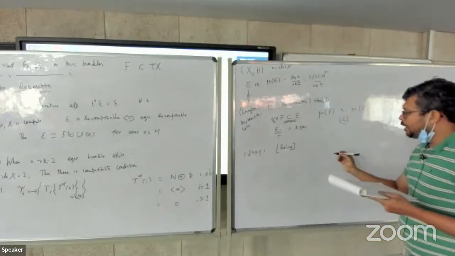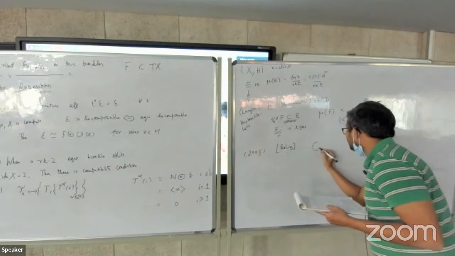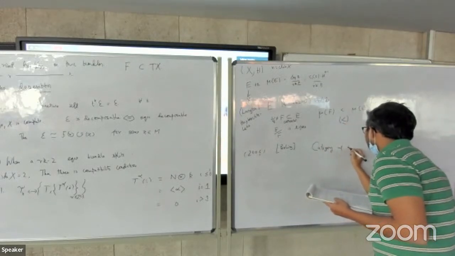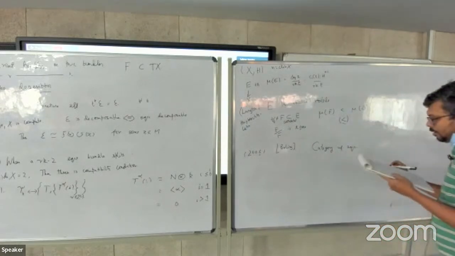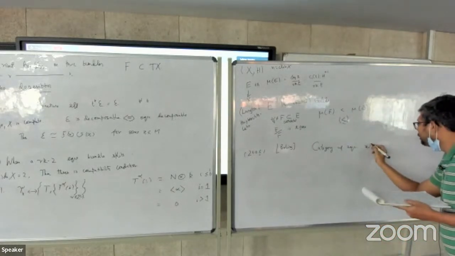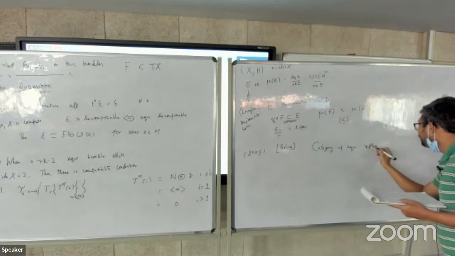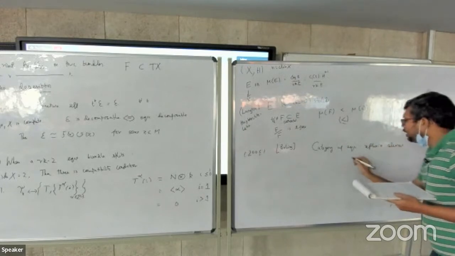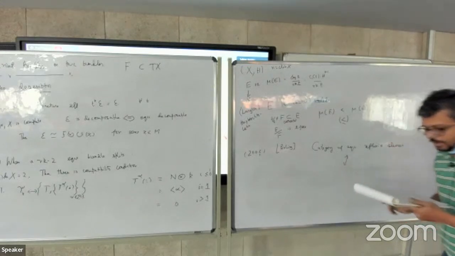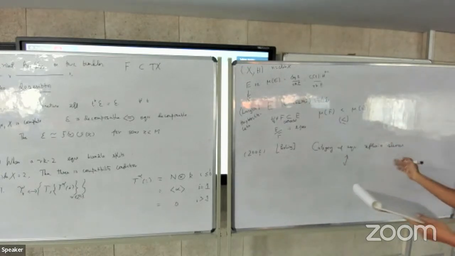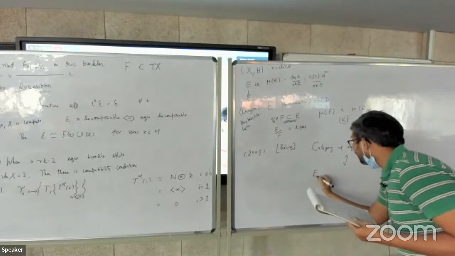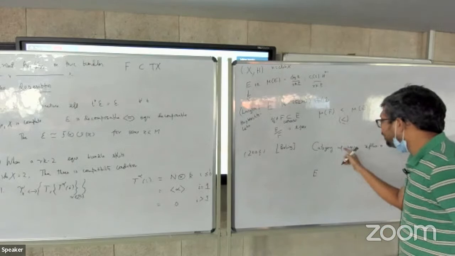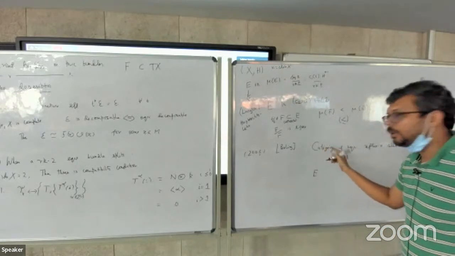So I will just write. It was done by Perling: the category of equivariant reflexive sheaves. Again, this is a categorical equivalence between this and this. Again, E is a finite dimensional vector space of rank of the bundle.